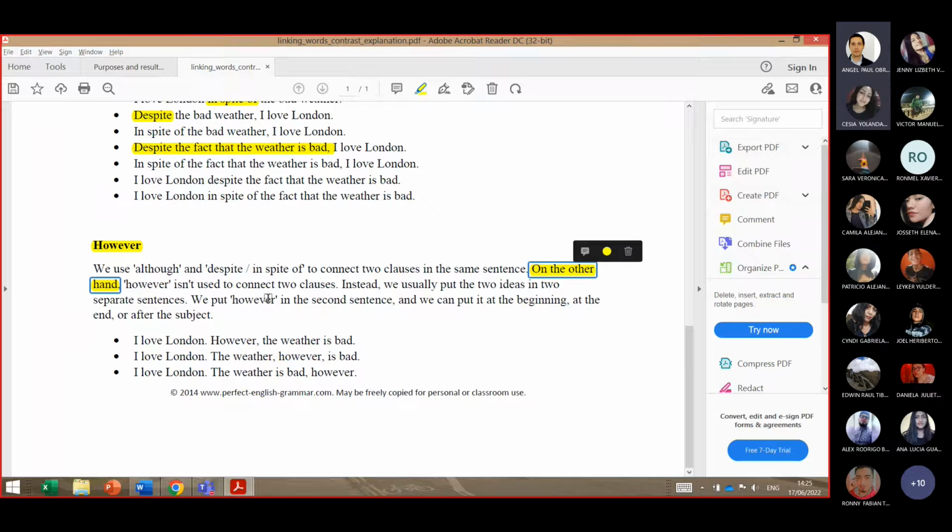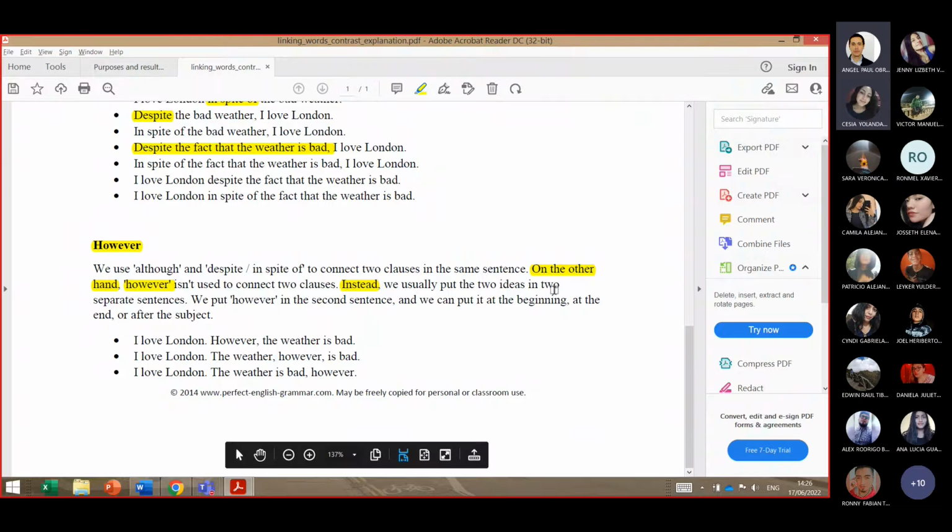Entonces, on the other hand, however, isn't used to connect two clauses. Entonces, miren, aquí lo que dice que de otra manera, este however no lo usamos para conectar dos cláusulas. Instead, ¿qué quiere decir instead? Es en vez de, ¿no? Sino que we usually put the two ideas in two separate sentences.